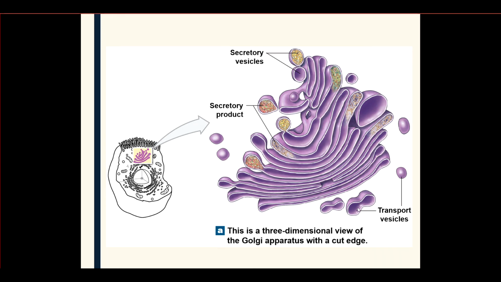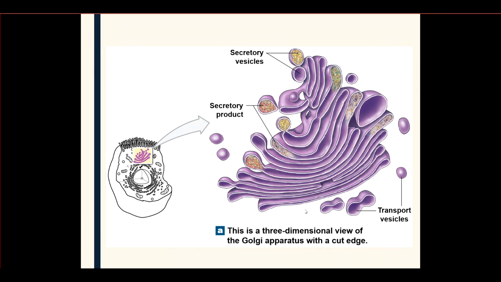And now whatever's inside this little water balloon or this little truck known as the transport vesicle is going to go into the Golgi apparatus, and it's going to go through this Golgi apparatus. And we're going to see that the Golgi apparatus may modify that protein, repackage it, and then the Golgi apparatus will send it out itself.